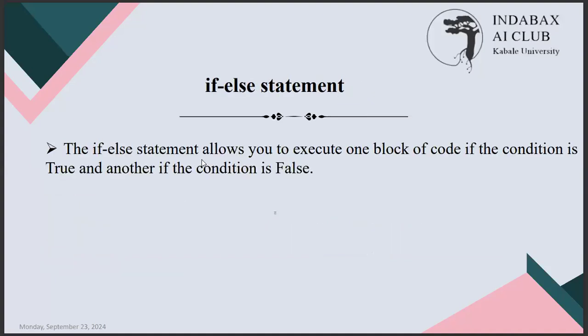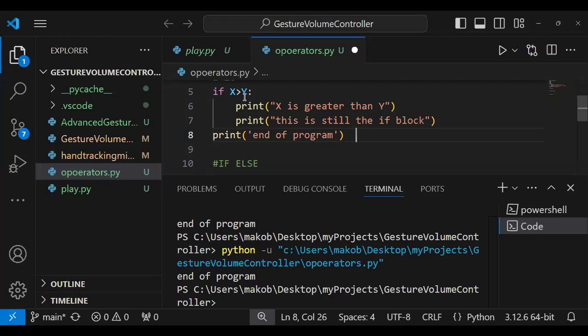Then let's look at if else. So the if else is a better alternative to the if statement. Why? The if else statement allows you to execute one block of code if the condition is true, and another block if the condition is false. So we are seeing here that when x is greater than y, when this condition was met, it was printing something.